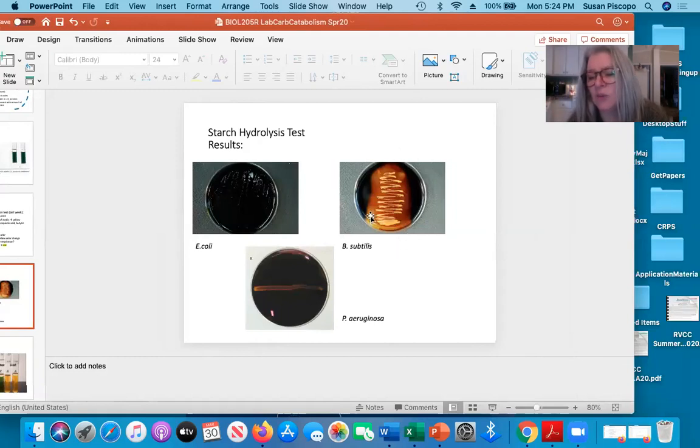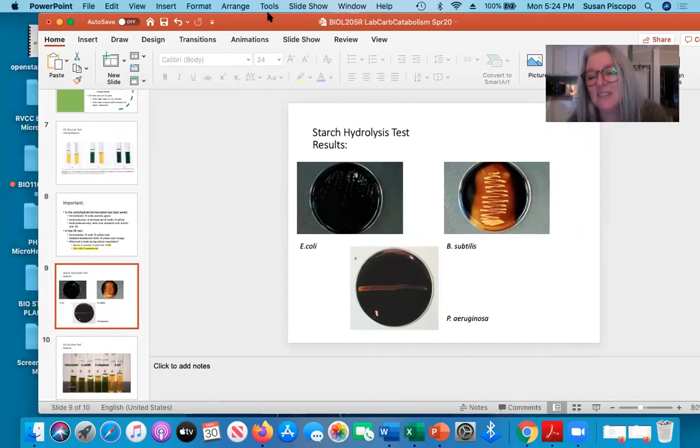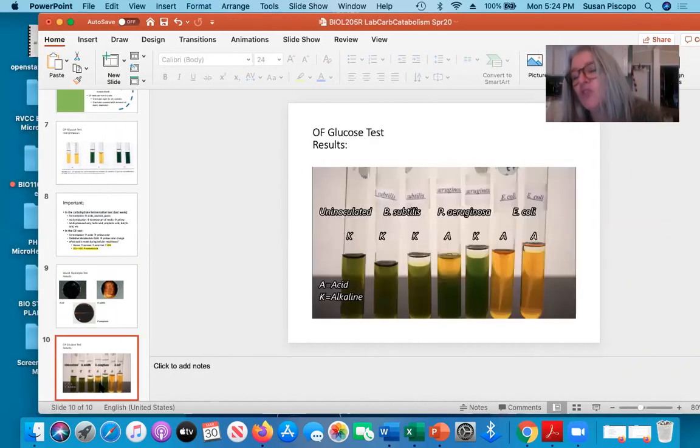Remember why an organism would do this. An organism would hydrolyze starch in order to get the glucose. So we know that Bacillus subtilis uses glucose. We know virtually all bacteria use glucose. So it's just not showing up in our result here.